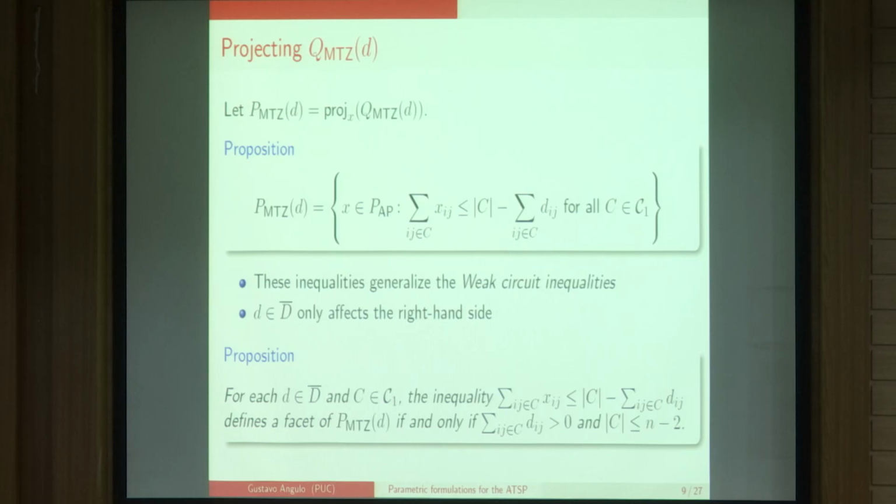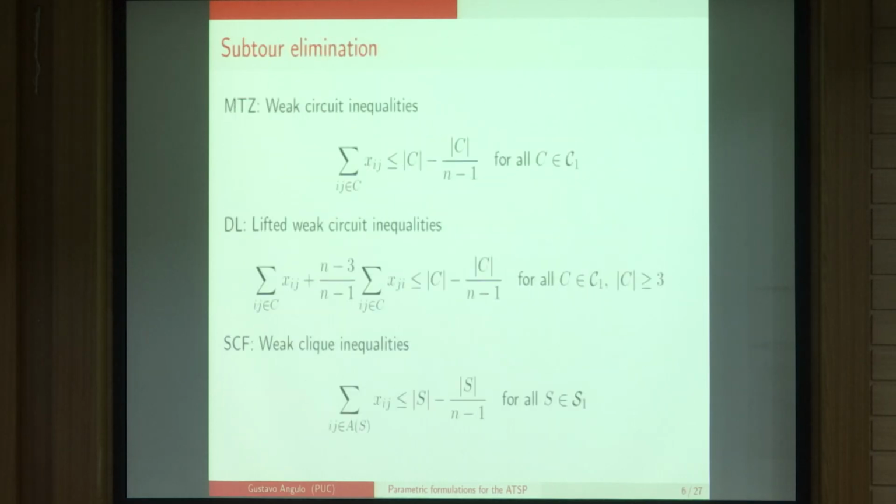Okay, so if you recall the weak circuit inequalities, notice that the left-hand side is the same, but instead of having this term, which is a constant, it is basically the same for all cycles.